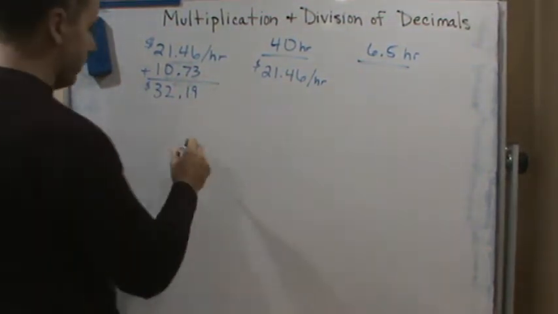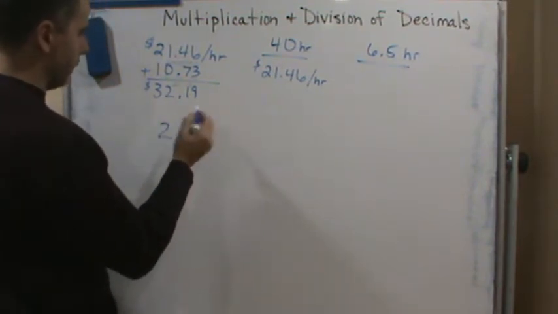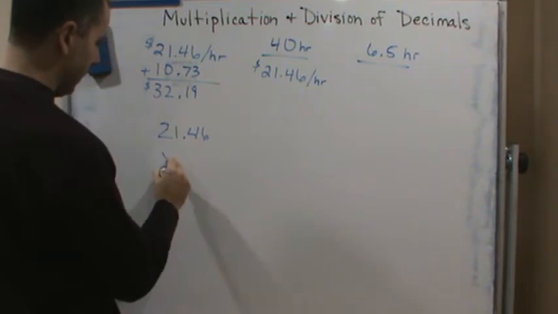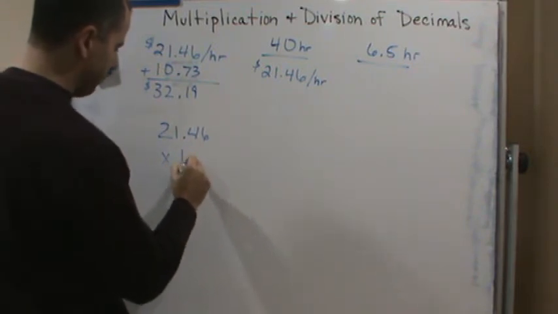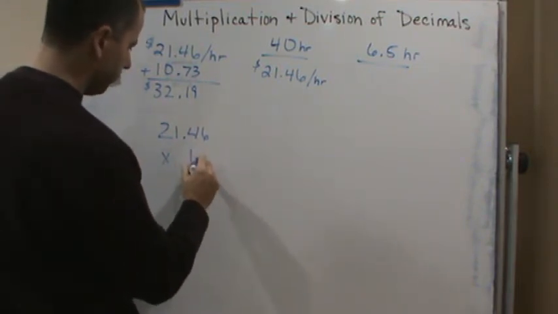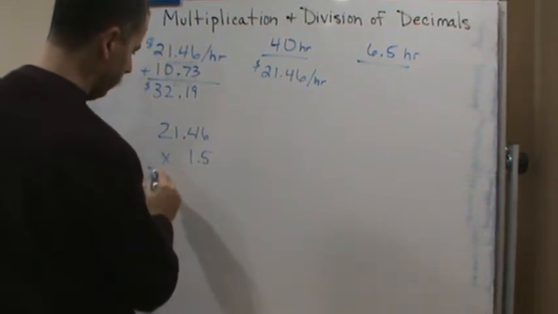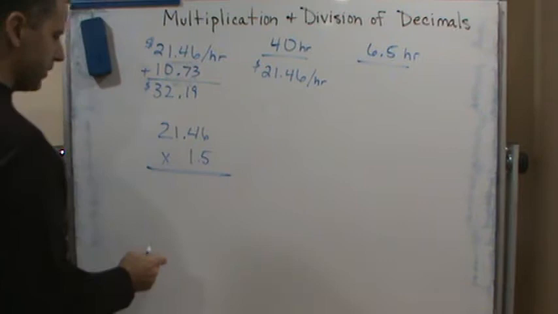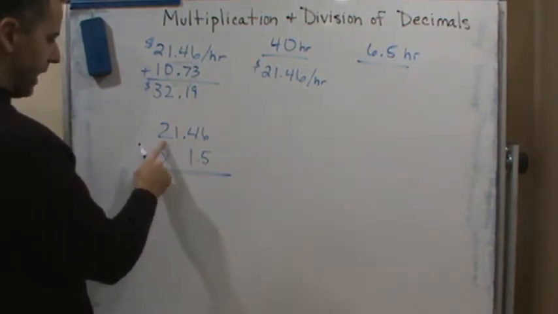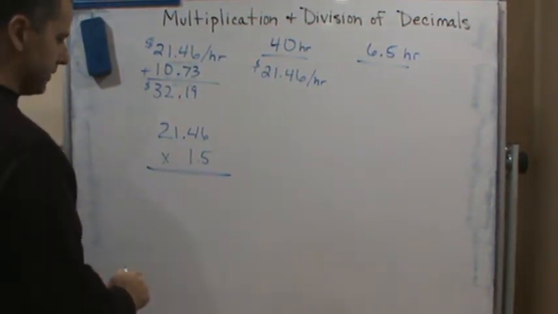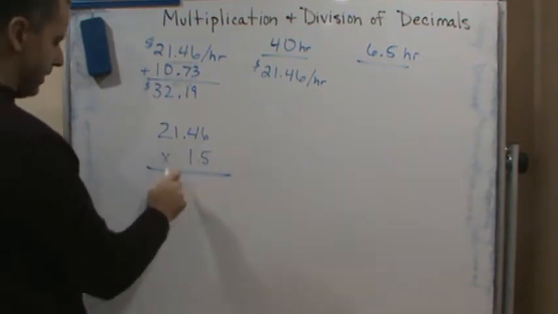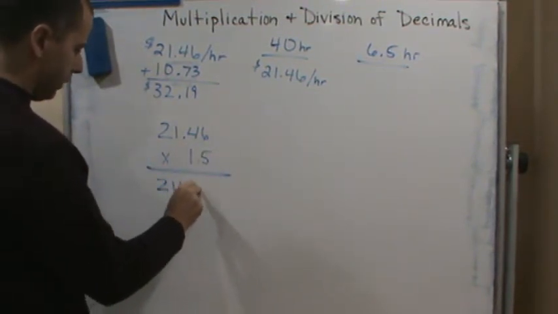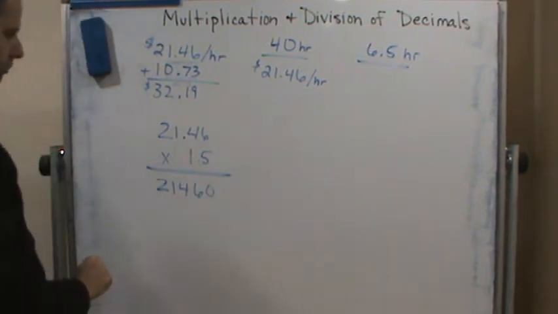Now, if you want to do it with the decimals, 21.46 times 1.5. And again, we ignore the decimals. And so we think of this as 15 times 2,146. So 10 times this gives us 21,460, right?